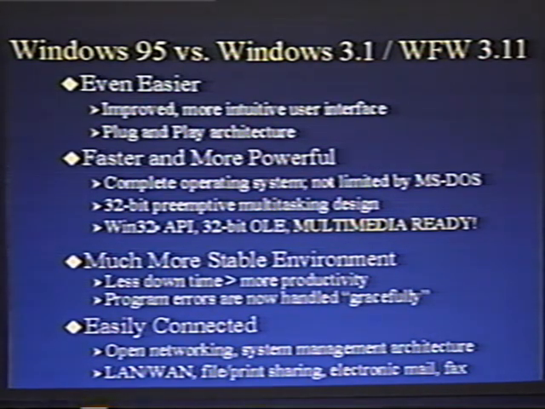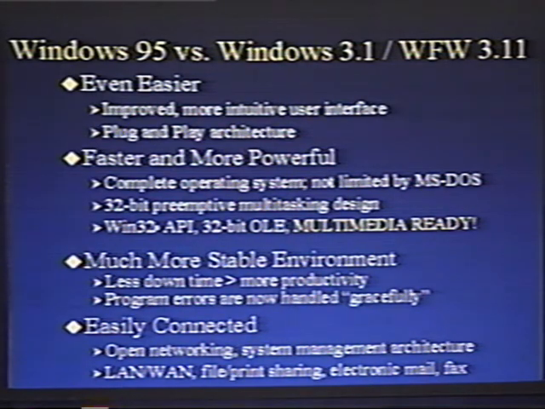It's faster and more powerful. It's a complete operating system, not limited by MS-DOS. It has what's called 32-bit preemptive multitasking design. This makes it much more effective in its processing. It's Win32 API, 32-bit OLE, and multimedia ready. If you don't know what all this means, it means it's very powerful and ready to go.